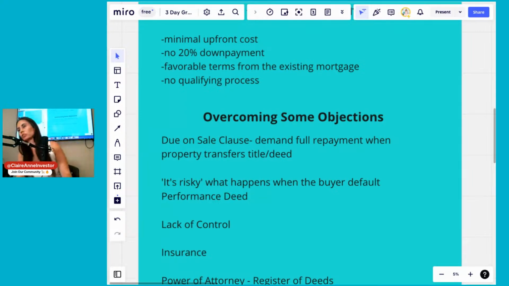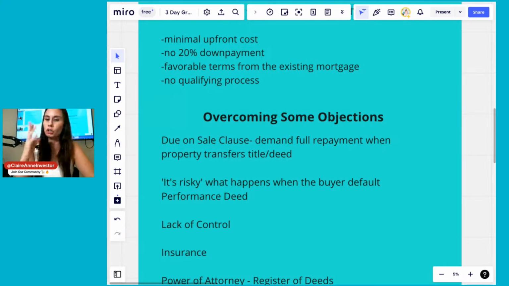So I wanted to go through objections for subject to. You obviously understand this whole subject to, but there are certain objections you get as either the agent or the seller. They have questions. The first one is the due on sale clause. Basically, I've purchased 4 subject to properties myself.